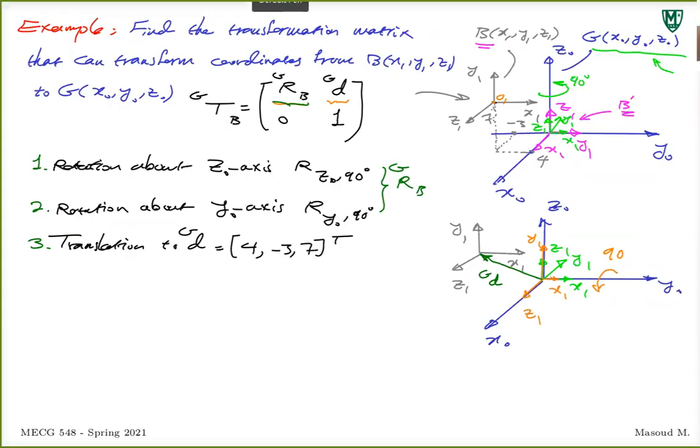And remember, when we were talking about rotations, we said when we have multiple rotations, we start from the last one. Right? We say that rotation from B to G is basically the second rotation times the first rotation. Here R from B to G is the second rotation we had, which is R y naught 90 degrees multiplied by R z naught 90 degrees.